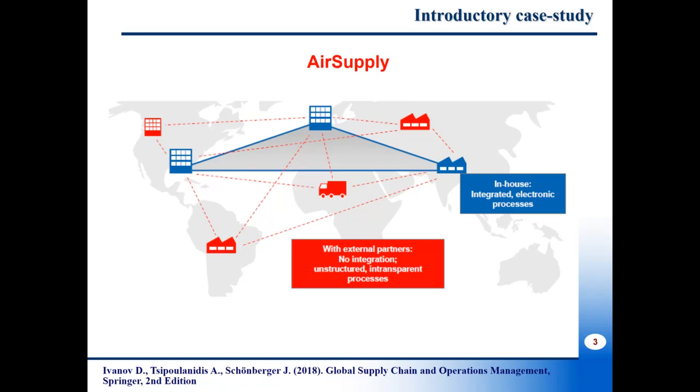So such a tool can be seen in the example of the Air Supply chain solution that was developed in collaboration with Airbus and other major manufacturers and suppliers in the European aerospace industry.